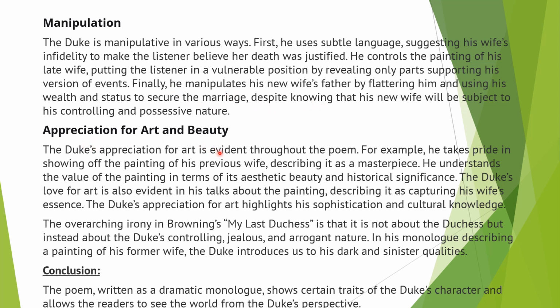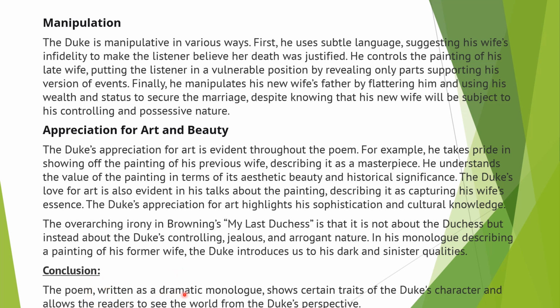Then appreciation for art and beauty. Though he is so rude and arrogant, there is a sense of appreciation for art and beauty. So the two sculptures, the painting and the Neptune sculpture, you can mention here, students, to show how he appreciates art. Then the conclusion.